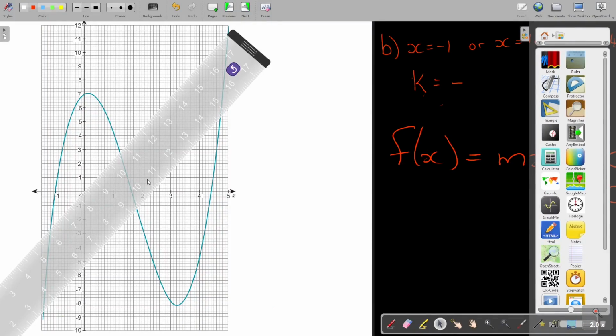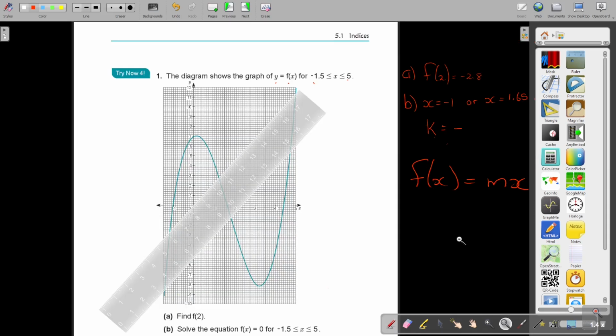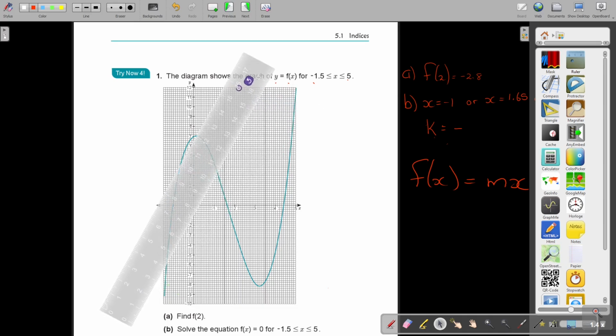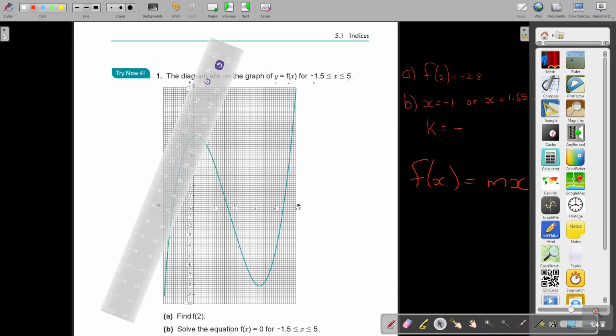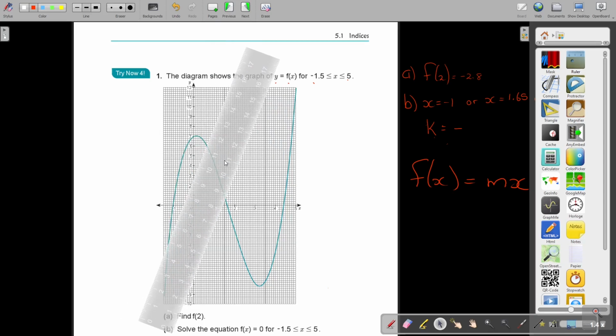Now if you take a ruler and you put it on the origin, did you see there? But then you see it's cutting 1, 2, 3 times. And what they say, it must only cut once. So if you turn the ruler so that it only cuts once, let's just see.